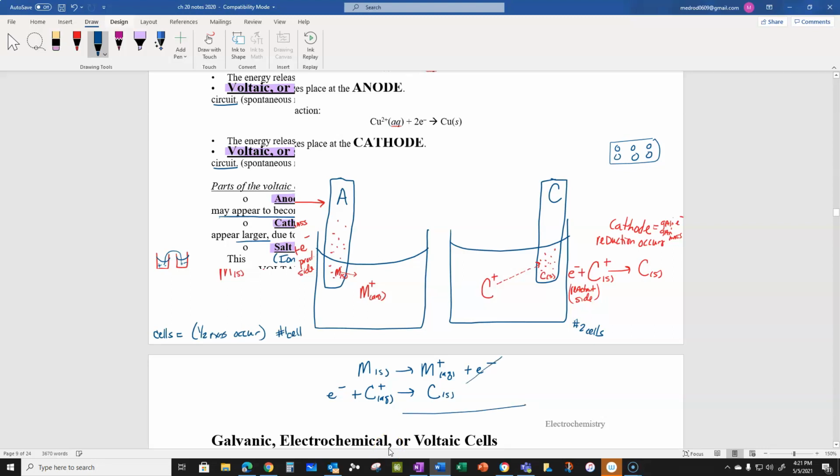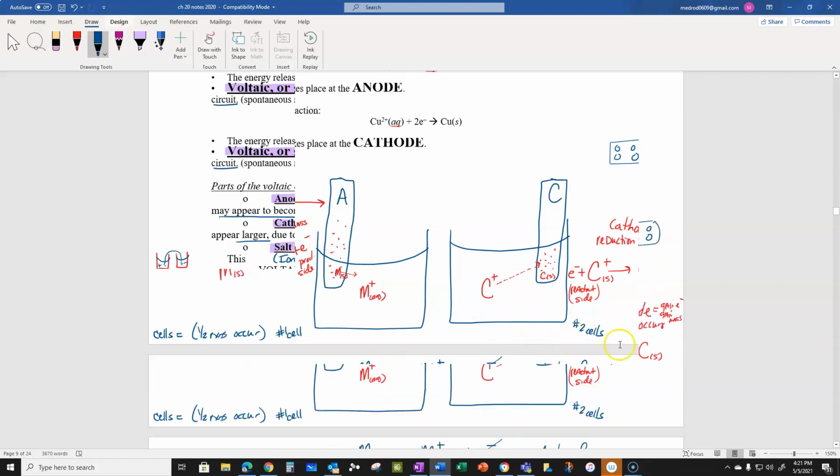And that's the electrical neutrality. It's not just to get those electrons to cancel from each other, we need them to be balanced so they do cancel each other out. If one equation had 2 electrons and the other had 3, you'd have to find a common multiple between the two of them.